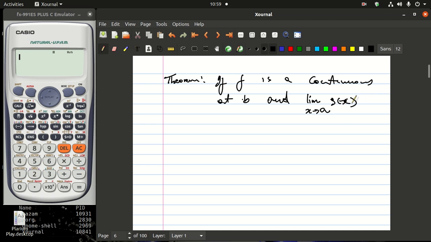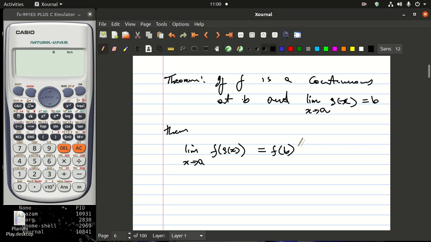So I have two functions here, f of x and g of x, and f is continuous at this point, and the limit as x approaches a of g of x is equal to b, right? Then the limit as x approaches a of f of g of x is just equal to f of b.